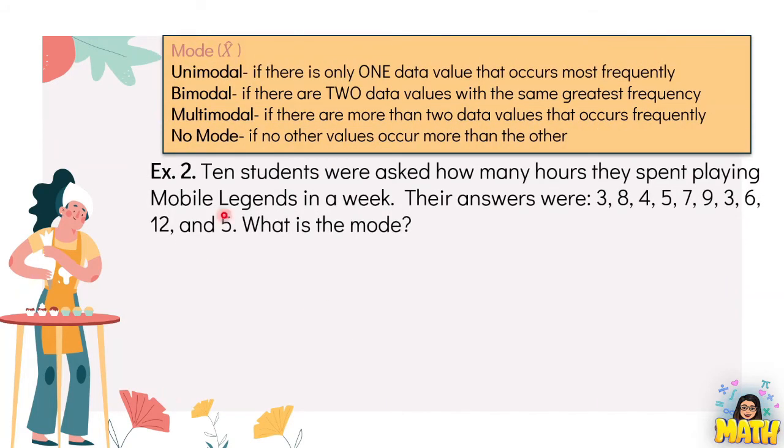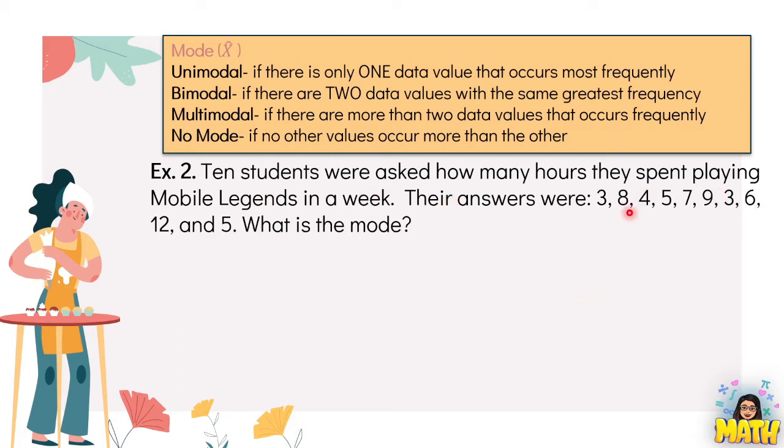Another example. 10 students were asked how many hours they spent playing Mobile Legends in a week. Their answers were the following. So what is the mode? Mode also means the common answers. So alin dito yung common answers ng 10 students?